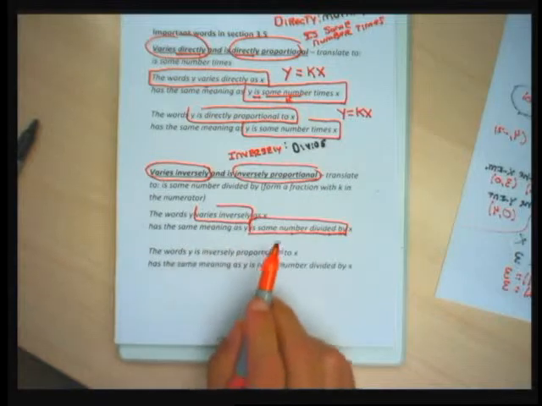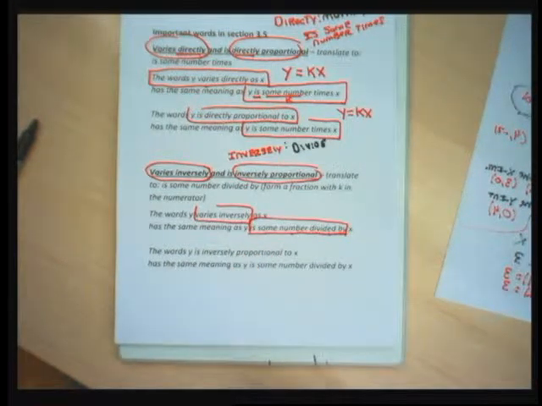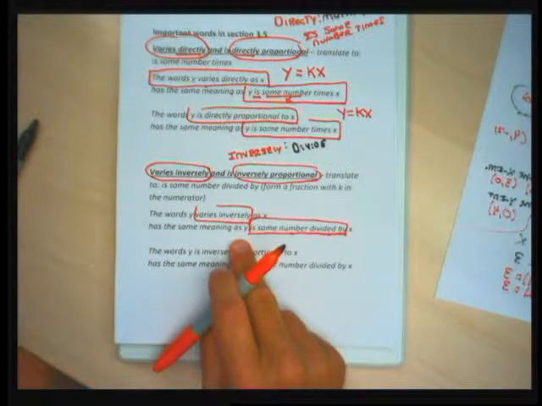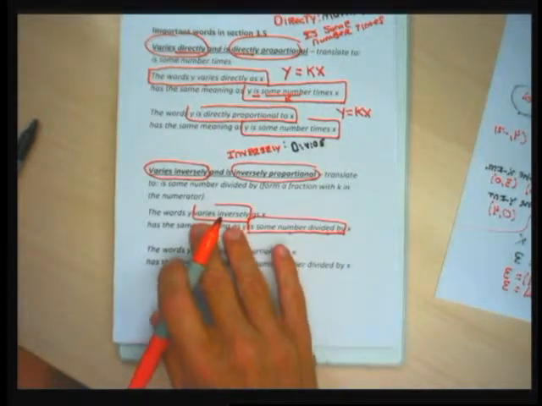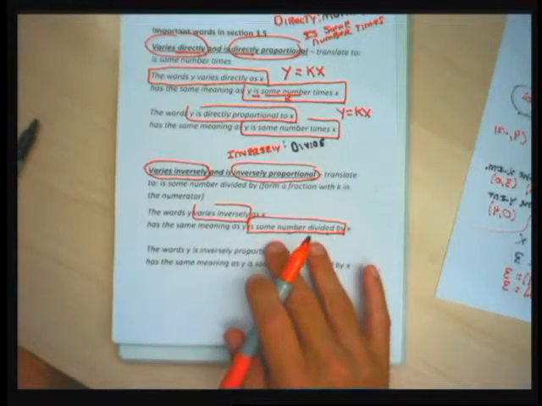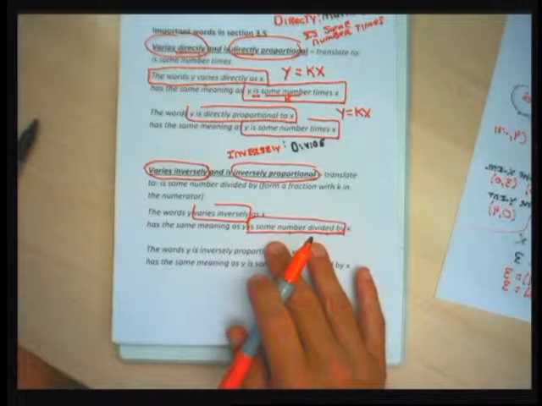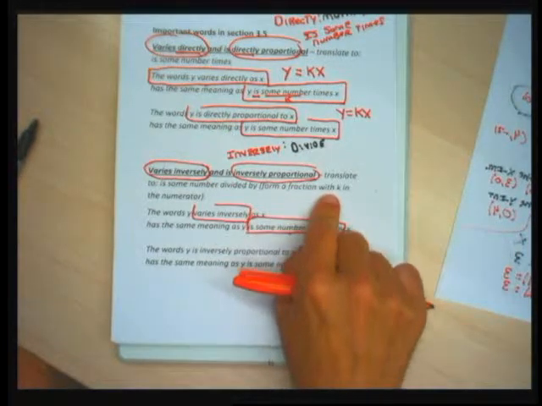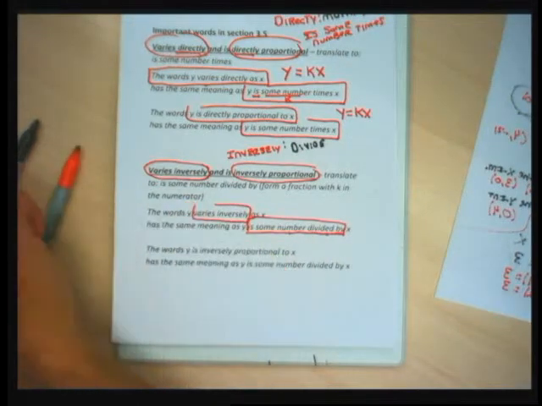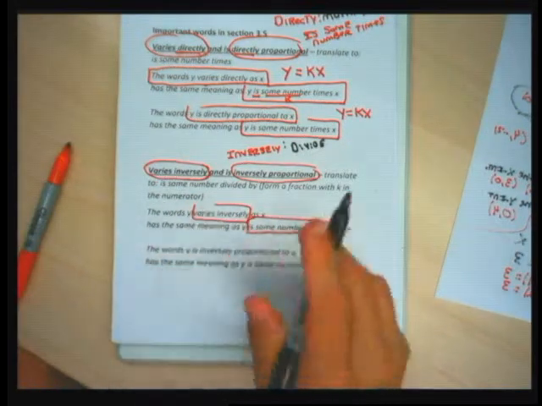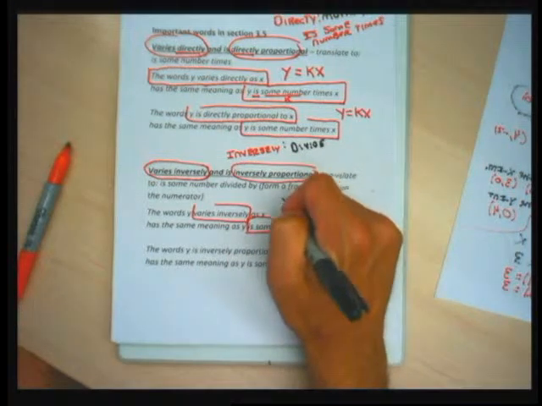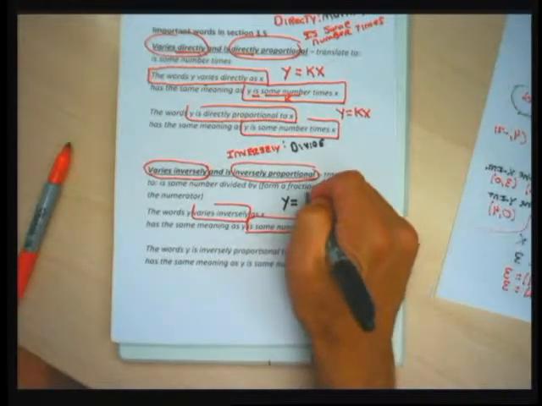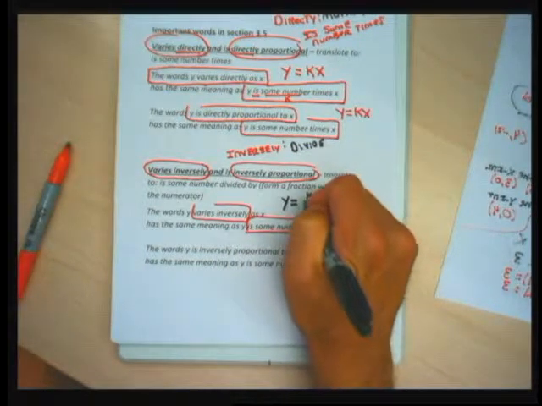So if I saw y varies inversely as x, immediately when I see the word inversely I think divide, and the sentence that we'd be more used to seeing without the word inversely that has the same meaning is y is some number divided by x. Generally, when I see inversely, I form a fraction to show the divided by, and the some number, the k, is in the numerator. So this statement, y varies inversely as x, means y, is for equals, the some number is the letter k, and I show the divided by as a fraction.